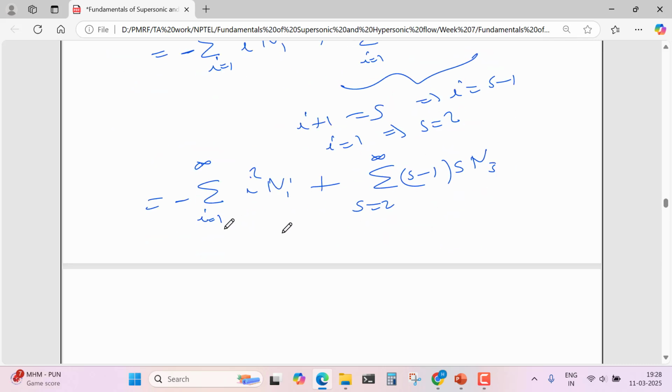Now we will separate this term. We will get minus sigma, and here we will write for i equal to 1 and i equal to 2 onward separately.